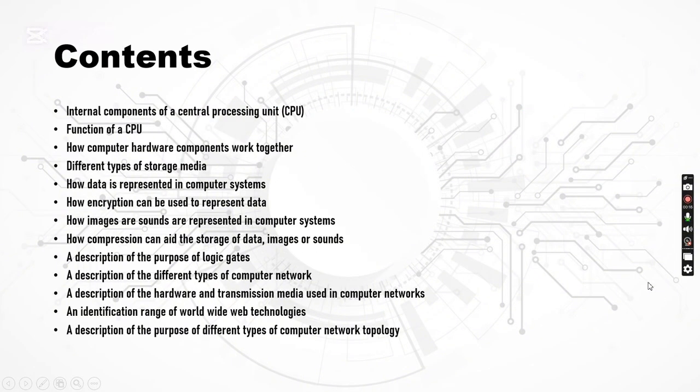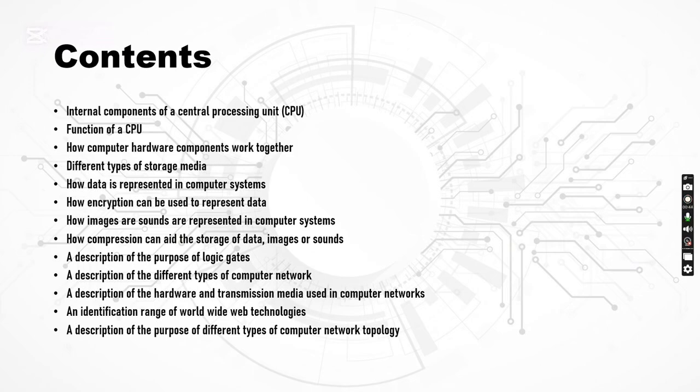So these are the contents of our video for this presentation. So let's read this. Internal components of a central processing unit, CPU. Function of a CPU. How computer hardware components work together. Different types of storage media. How data is represented in computer systems. How encryption can be used to represent data. How images and sounds are represented in computer systems.